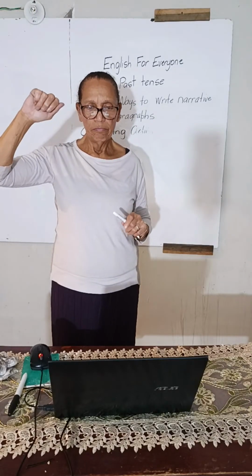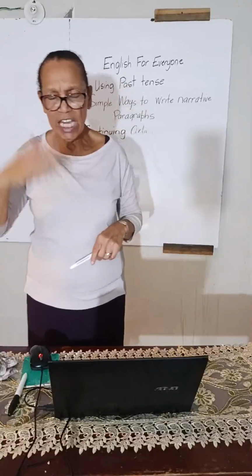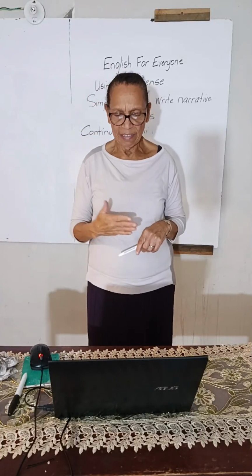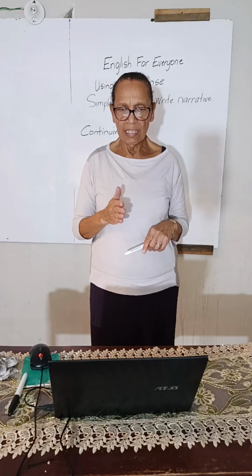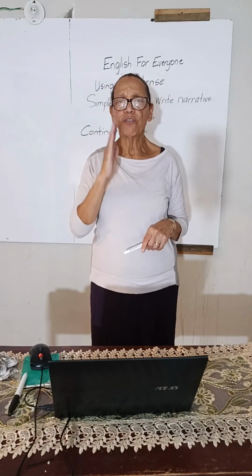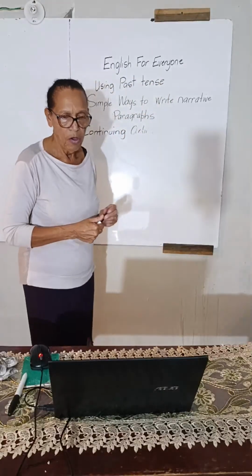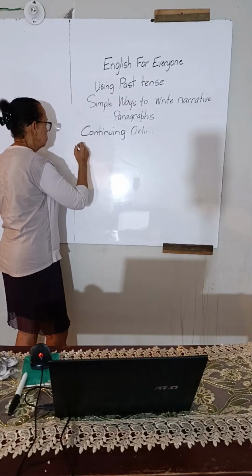You're going to make sure in this paragraph, each sentence will have an action verb in the past tense. So make sure that each sentence has an action verb in the past tense. So you're continuing the action.